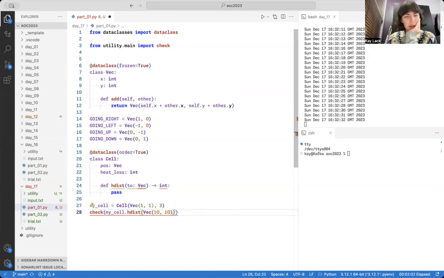This should be the Manhattan distance, which should be 9 plus 9, 18. Yeah, that's exactly what it should be, because we've already incurred the cost of going. Yeah, okay.